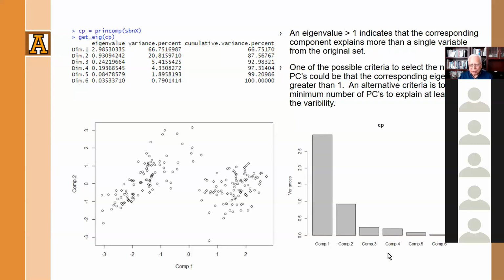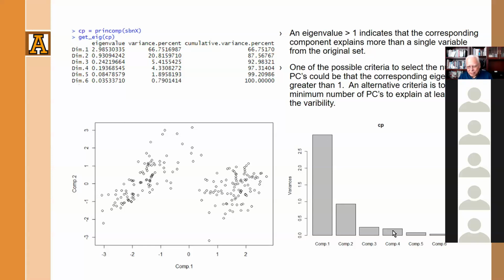This is the scree plot, and it shows the variance that's explained by the first component, the second component, the third component, and so on. There is a rule here that you can imagine as an elbow. If you see how this decreases, there's a big decrease here. There's also a big decrease here.